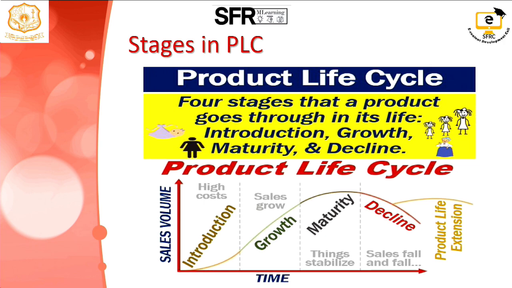In the growth stage the sales grow steadily, and in the maturity stage things are stabilized and the sales are at the peak. In the decline stage the sales fall, so we have to plan whether to modify the product or quit the product.